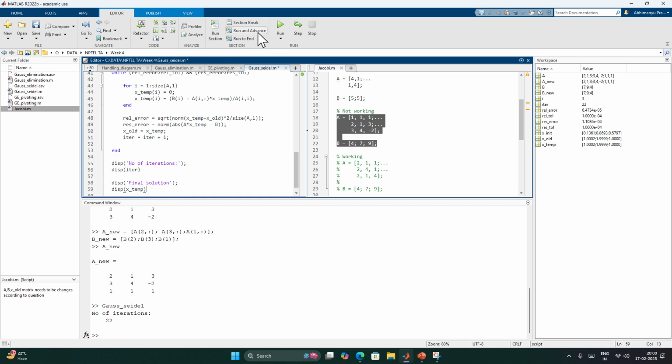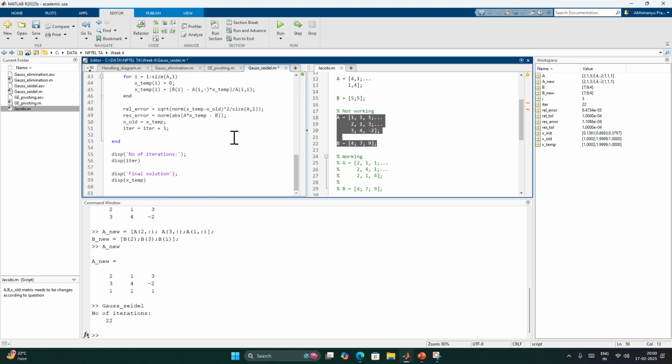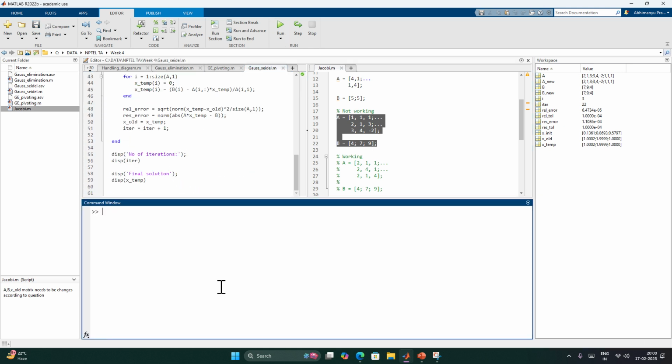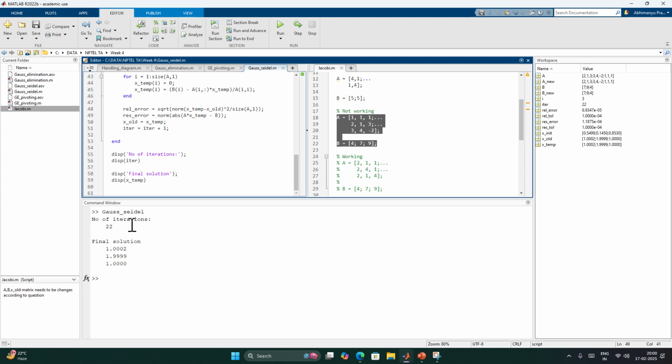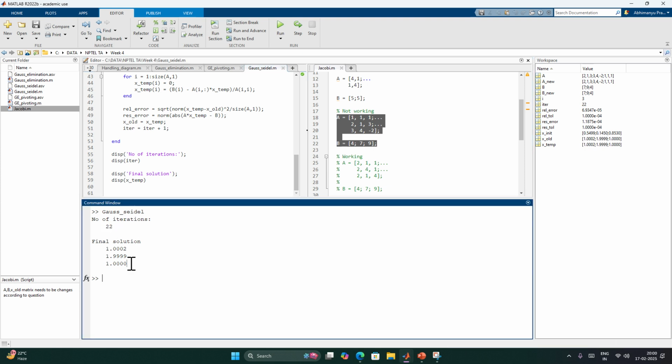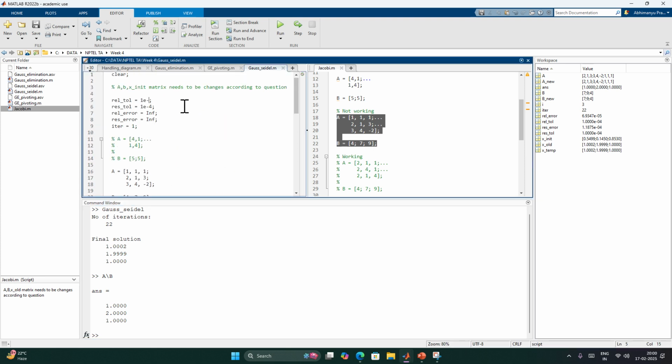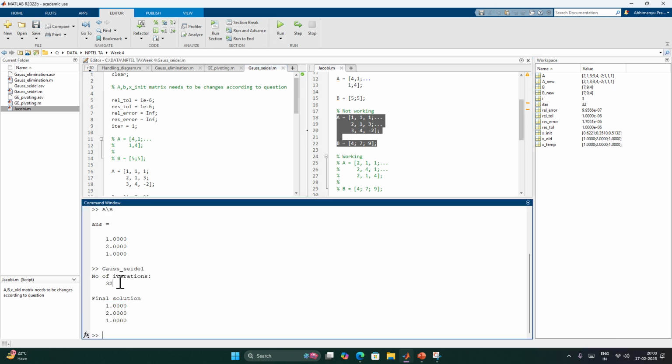So it ran for 22 iterations and we are getting this. So 1, 2, 1. This is the same as what we were getting earlier, right? So if I run A backslash b, this is similar to what we are getting. If we make our tolerance much tighter, instead of this, if I make this -6, then we will get a better solution, but the number of iterations also increases from 22 to 32. Okay.